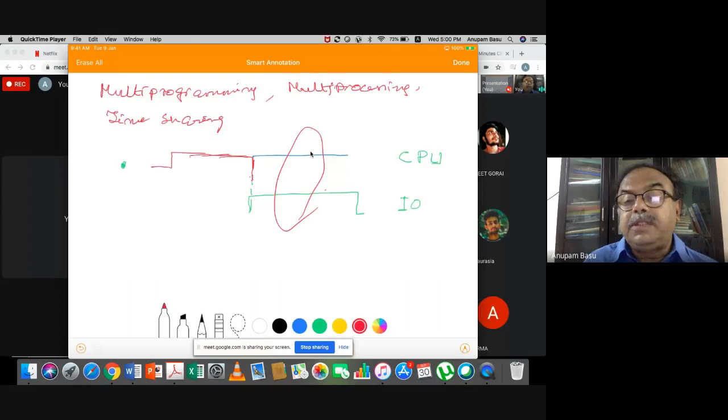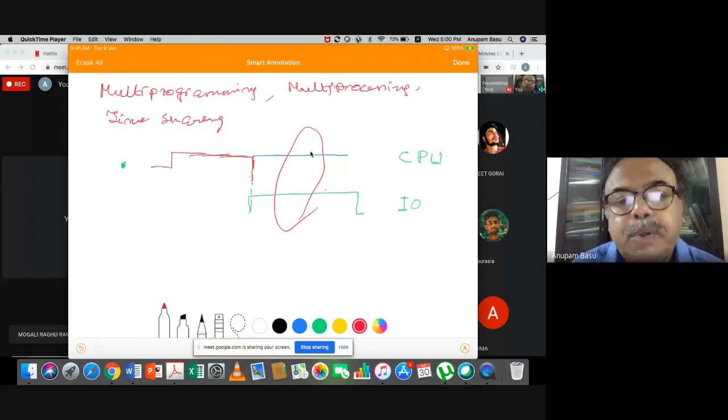How many programs are running? Two programs are running. But how can two programs run in a uniprocessor environment where you have got only one CPU?